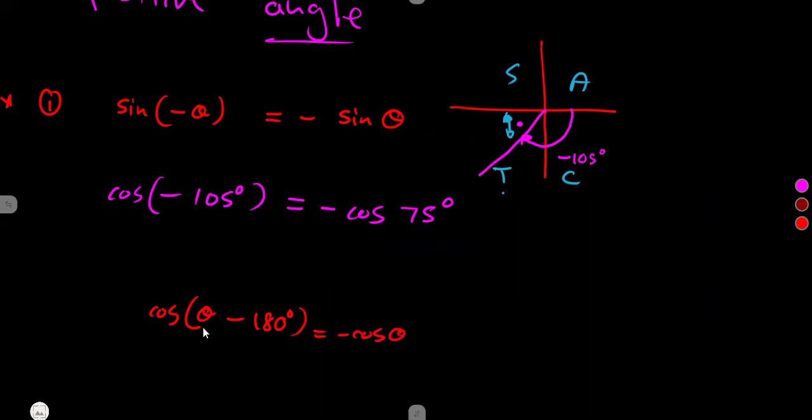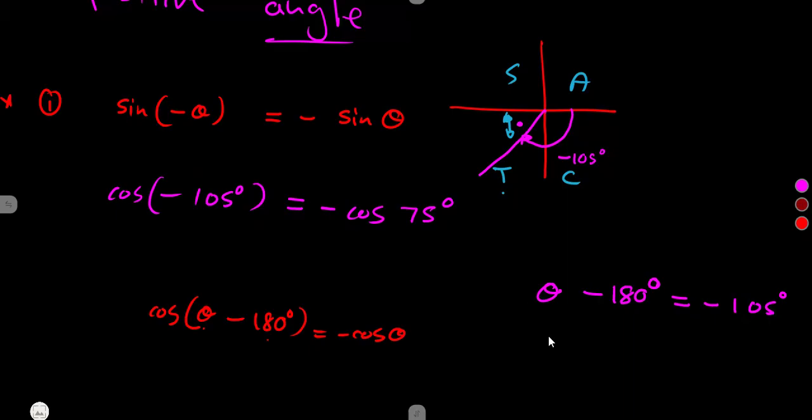But we need to have it like this, theta minus 180, to get minus 105. What is the acute angle that you are supposed to put here? If you don't know it, just use it as an equation. Theta minus 180 degrees is supposed to give me this angle. So what is my theta? I just have to solve it. It is equal to minus 105.